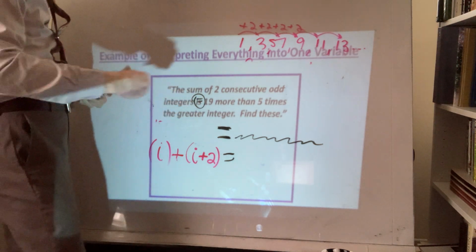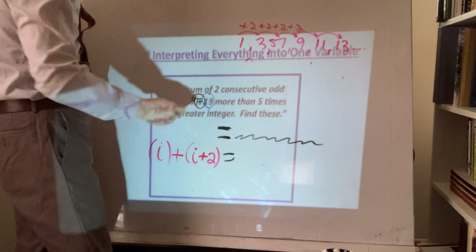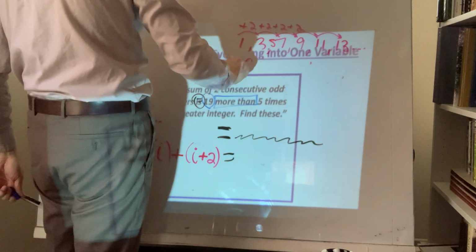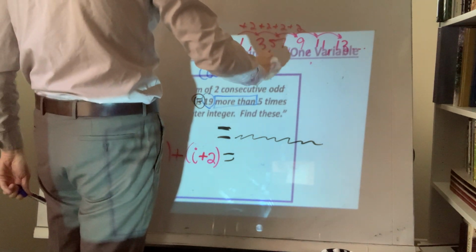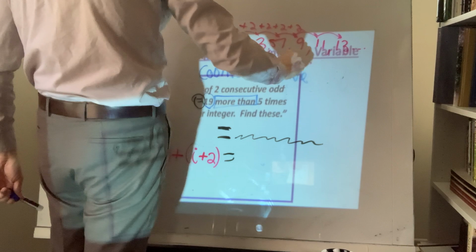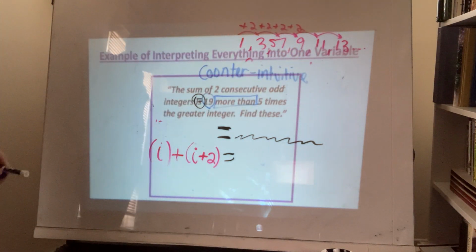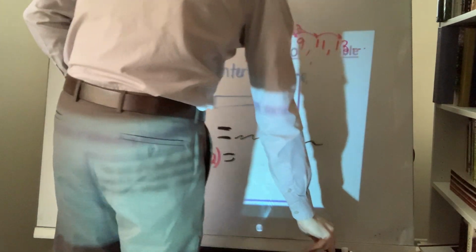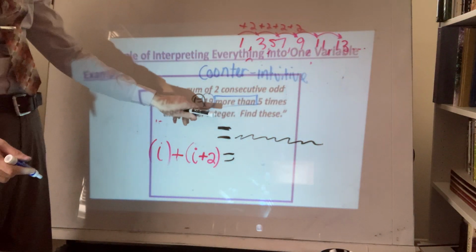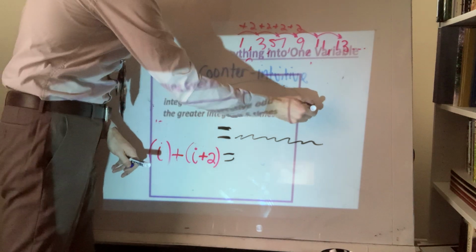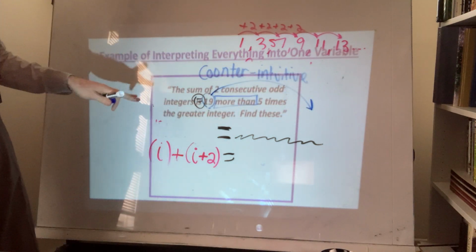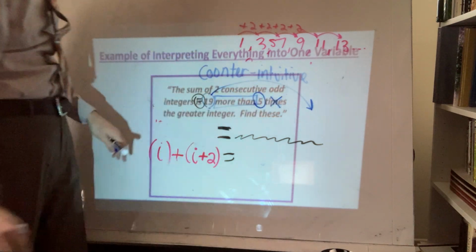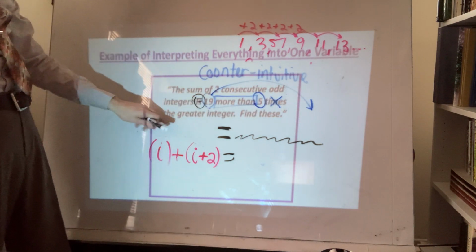We have 19, and we're going to have to incorporate the phrase more than, which is counterintuitive. Whenever you see more than or less than, just realize it's counterintuitive. It means that even though this shows up first, you're going to have to stick this behind something. It's more than 5 times the greater of the two integers.